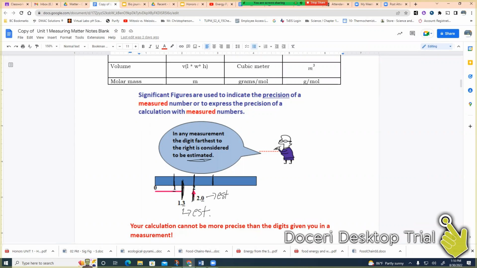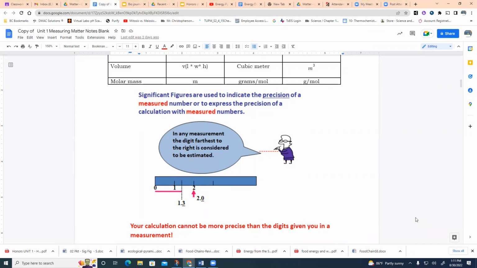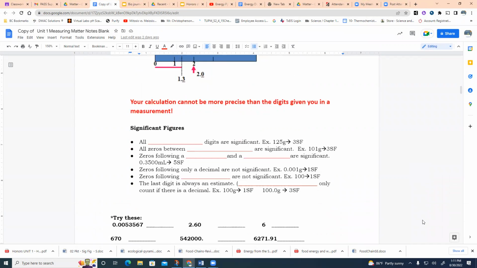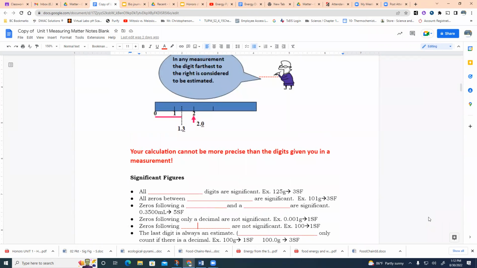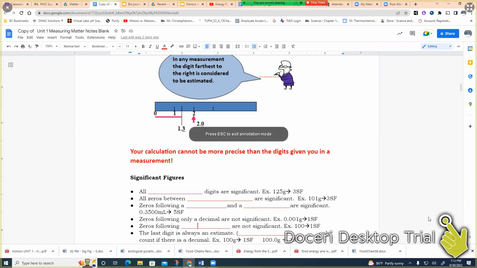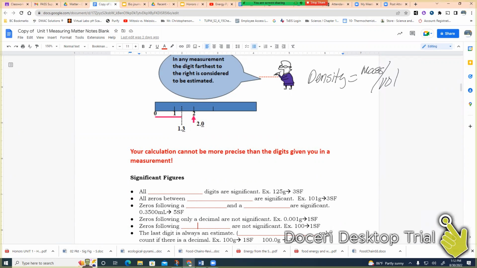So your calculation cannot be more precise than the digits given to you in a measurement. So for instance, if we're talking about density, we said that's mass divided by volume. But let's say that I did those measurements and I measured the mass and it was 2.2 grams.